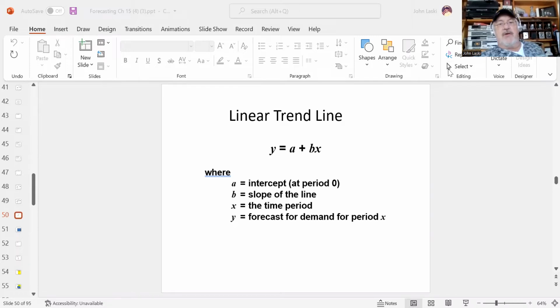Okay, so the third area is what the texts refer to as linear trend line. And you'll notice the formula is very much akin to what you learned in terms of linear regression. And what we're looking for again is the forecast for that next period of demand.